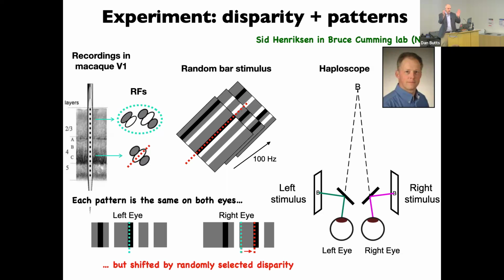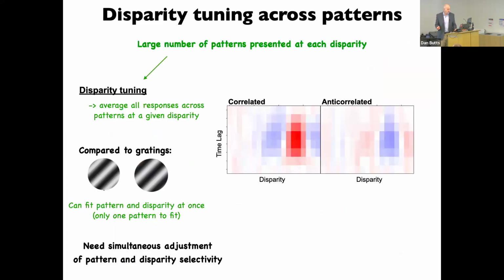And instead of just being able to move across and measure a single disparity curve, what you get out of this is a rich disparity tuning curve that's across time lag and across correlated and anti-correlated. Essentially, this is just a spike-triggered average, or a forward correlation, however you like to say it, basically looking at the average response to a given disparity averaged over all patterns.